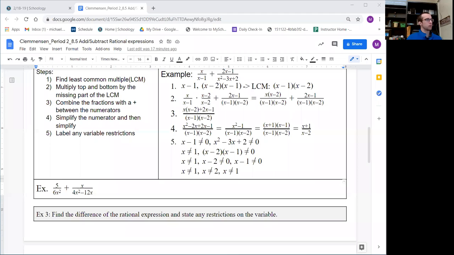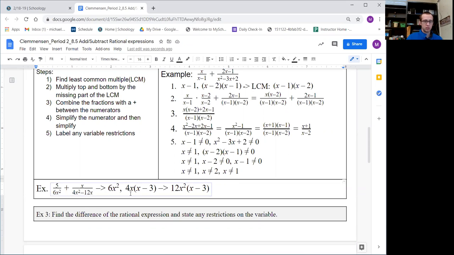All right, so let's go over the problem now, in that 5 minutes. First step we need to do is find our least common multiple. One way to do that is by taking the two things, factoring them down, and seeing what they have in common. So for this first one right here, there's nothing we can really do to simplify this, so we just get 6x squared.